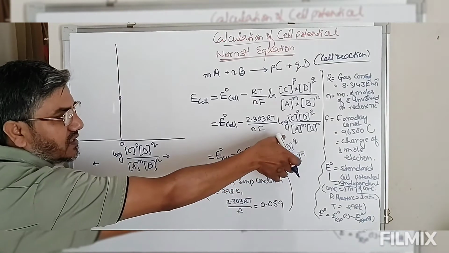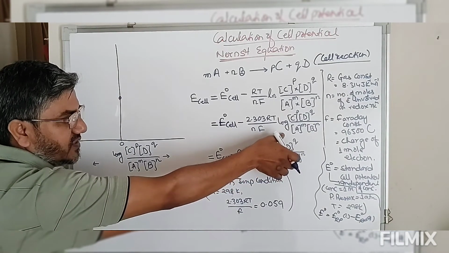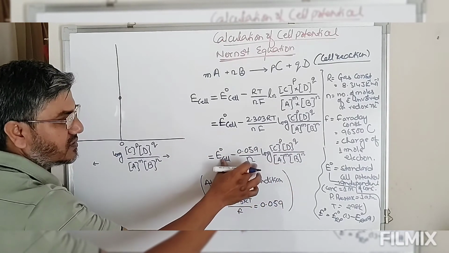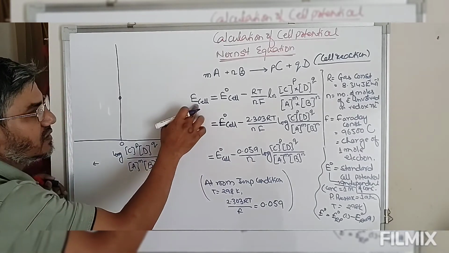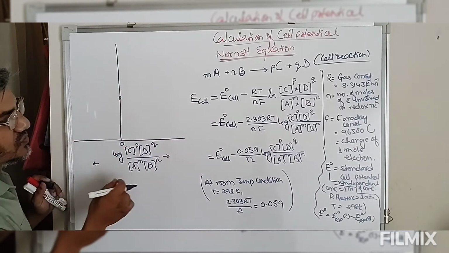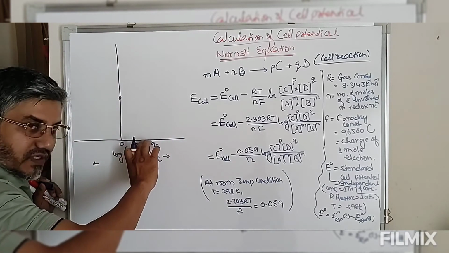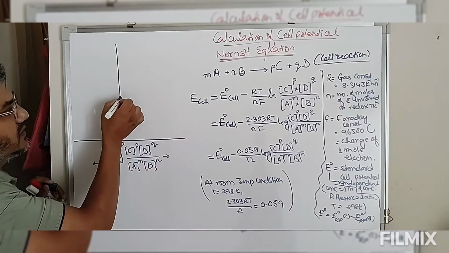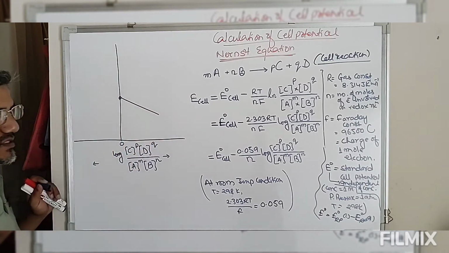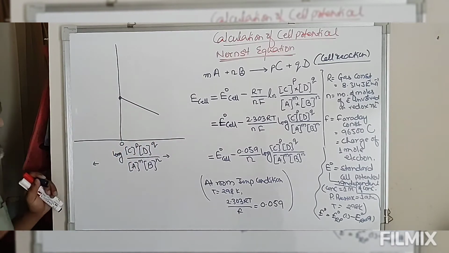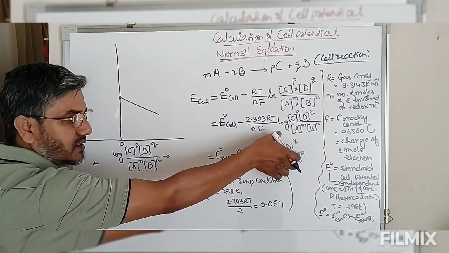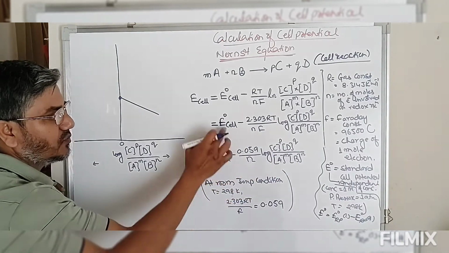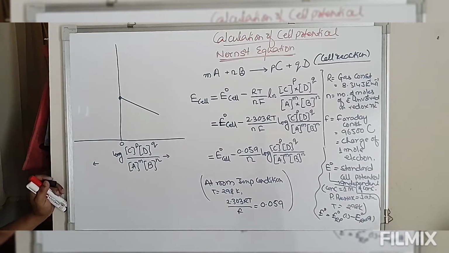If this value is increased, this negative term increases, so this difference is decreased, and E cell will decrease. So increasing the value of this log value, cell potential will decrease. If this value is decreased, then this difference will increase, and cell potential will increase.